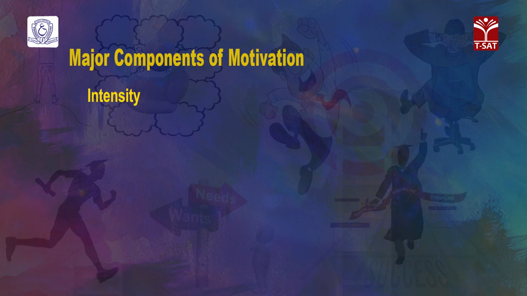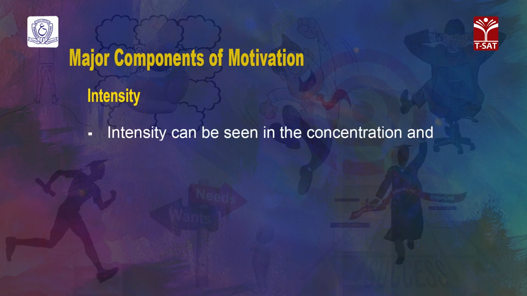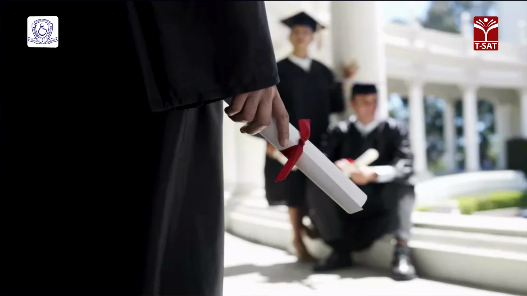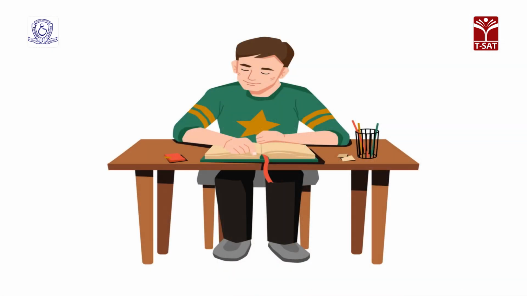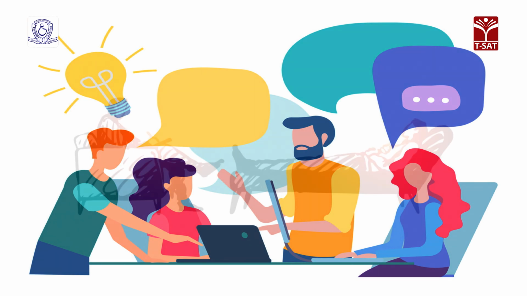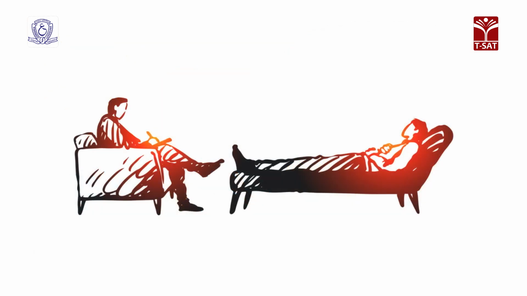The third component is intensity, which can be reflected in the concentration and vigor that goes into pursuing a goal. For example, one student might complete her studies without much effort, while another student will study regularly, participate in discussions and take advantage of research opportunities outside the class.